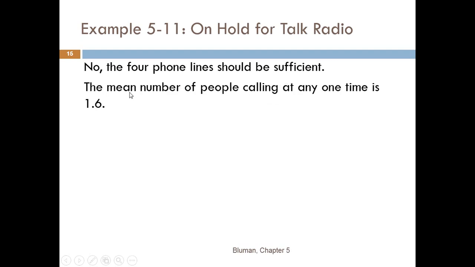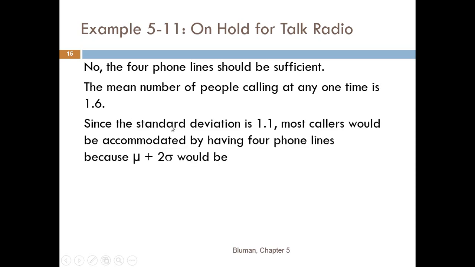And here's why. On average, what we figured out is there will be 1.6 people calling. Okay? On average, at any one time, you have 1.6 people. Our standard deviation was 1.1. So if you go our mean plus 2 standard deviations, okay, so that would be 1.6 plus 2 times 1.1 gives us 3.8, right?